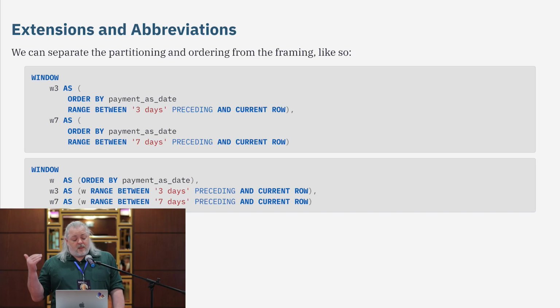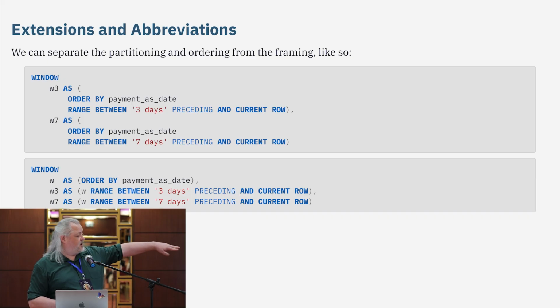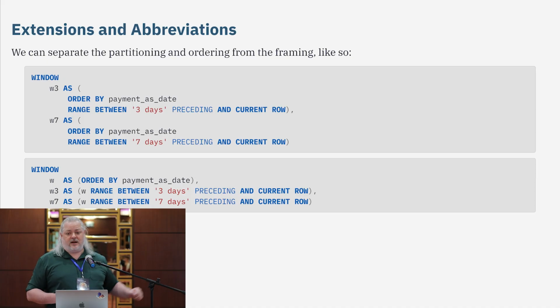Here, the first block is what we just did. That's W3 and W7. What I've done is extract the order by out of it and made a window W, which is just the order by. Then W3 and W7 extend that window specification by adding a frame on it. So you see there's a W at the beginning.